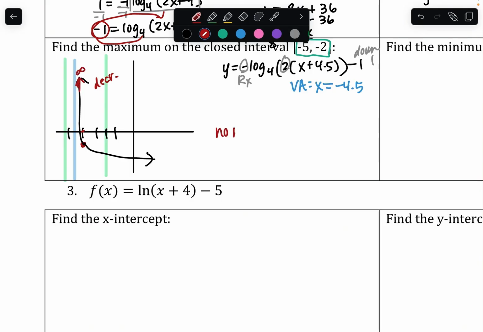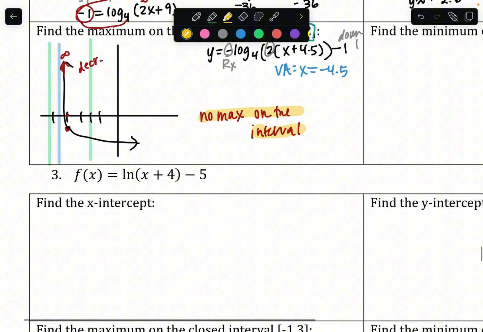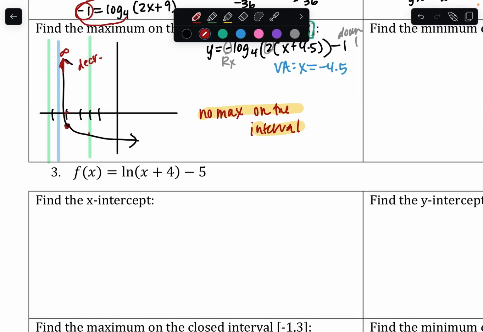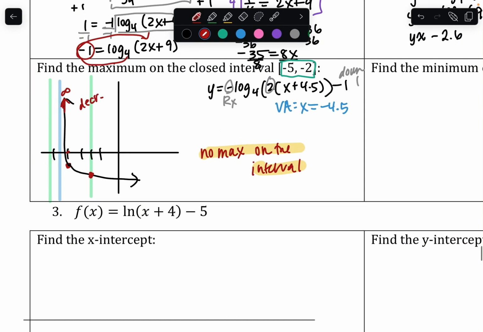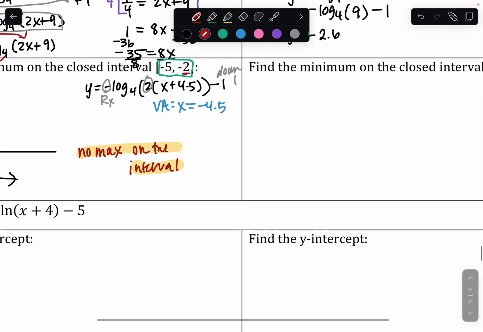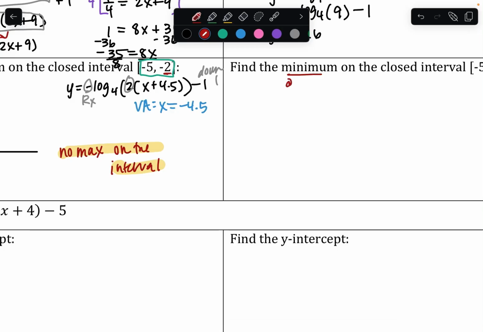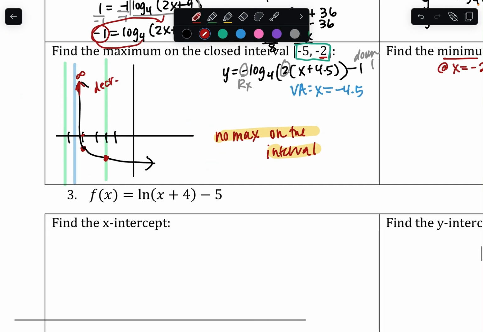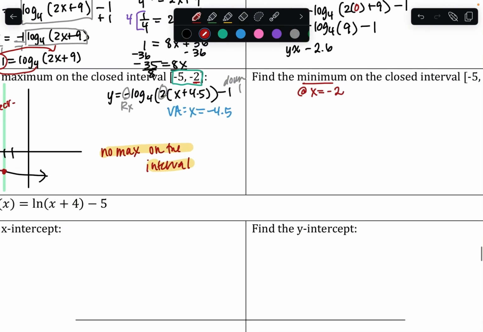So there is no maximum on this interval. Okay, for the minimum, we can see that the minimum occurs at x equals negative 2. It is going down, and it does not get lower on the interval than at negative 2.